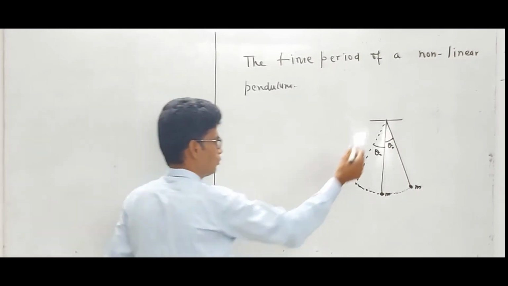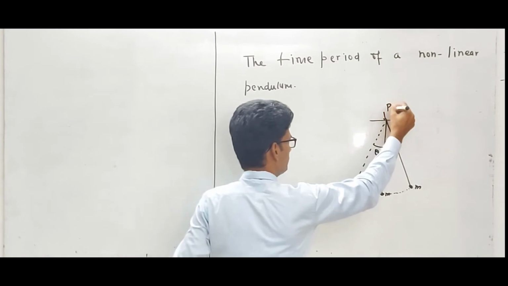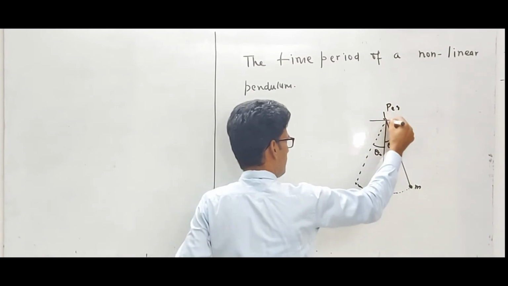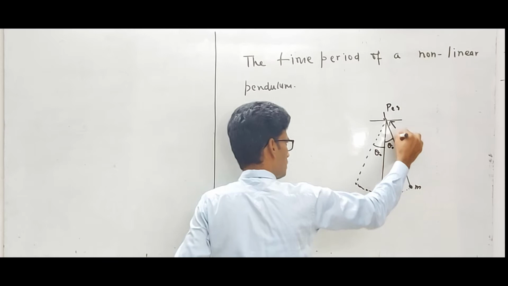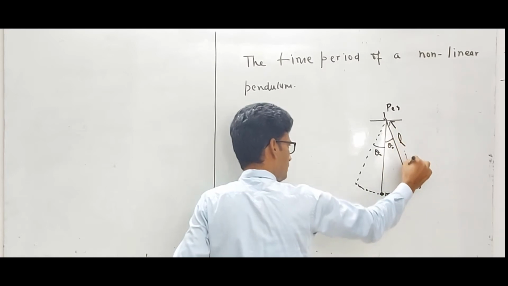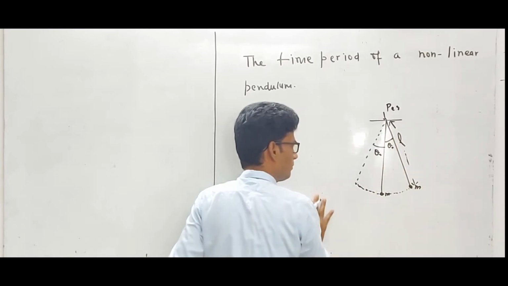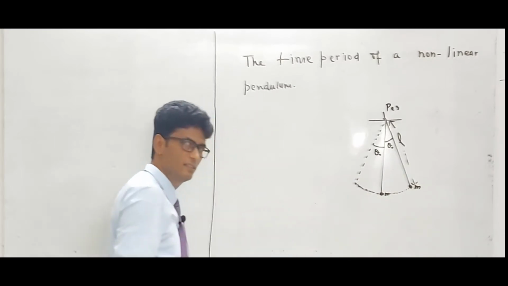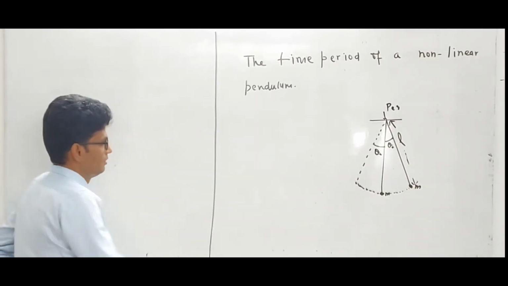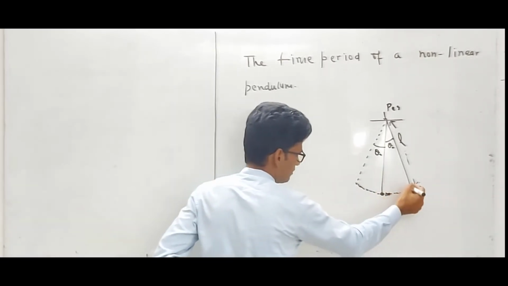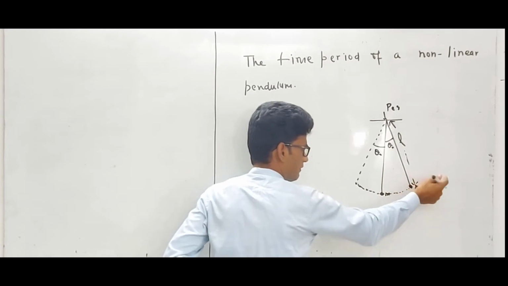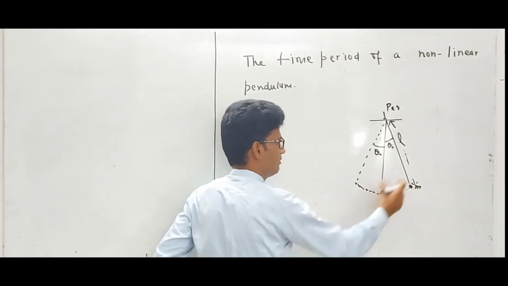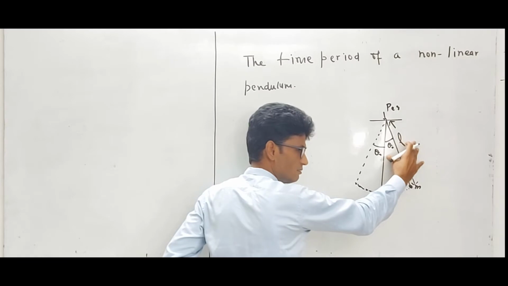So here is the peg. The mass of the string of the pendulum is supposed to be negligibly small, but it has a certain length L. So the forces are the gravitational force and the force of tension acting on this bob.